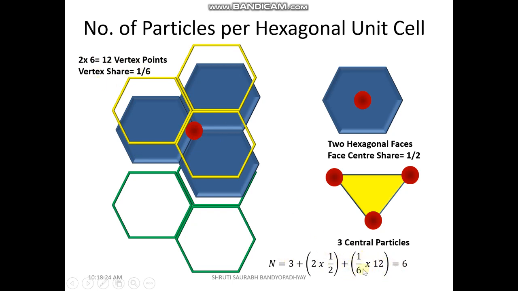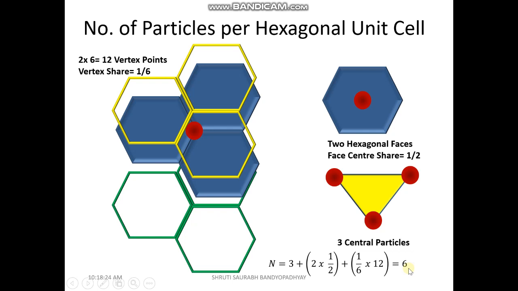So overall there will be 3 plus 2 into half, that is 1, plus 1/6 into 12, that is 2, that is 3 plus 1 plus 2, that is 6. So the number of particles per hexagonal unit cell thus is 6.